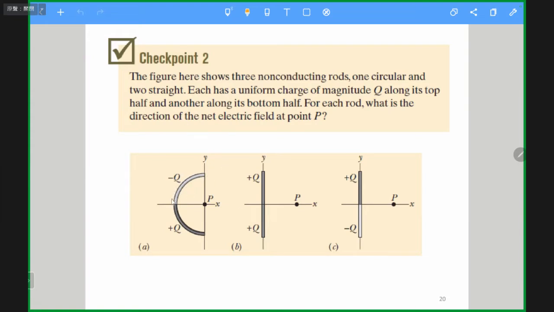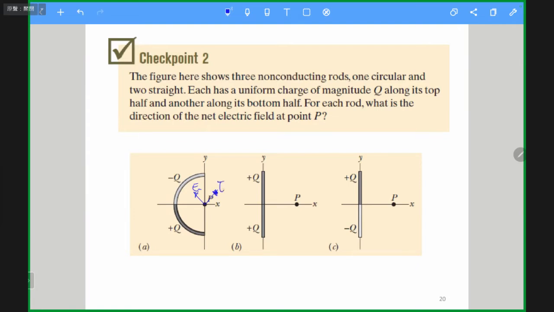Okay, so for the first one, this part is the negative charge. So for this one, you can consider the E field at point P will point to the top left for the negative part. And for this part, this is a positive charge, so we expect the E field at point P will point to the upper right.